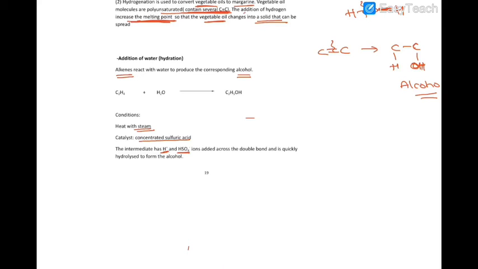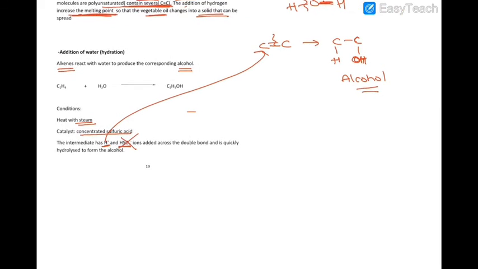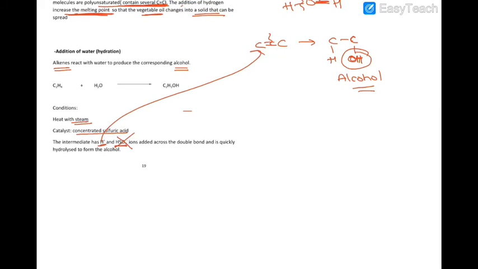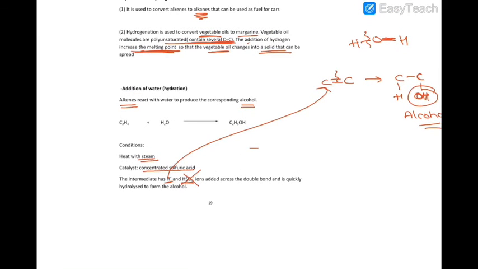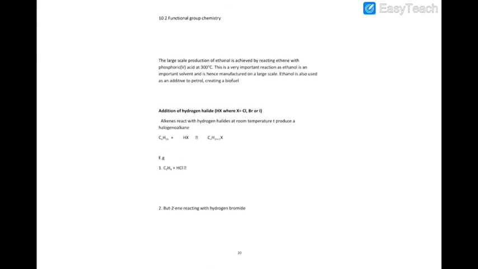The HSO4 will fit on one side, the H plus will fit here, and then eventually the HSO4 is going to move away and leave space for the OH. This is normally what happens. You don't need to know any mechanism for now.